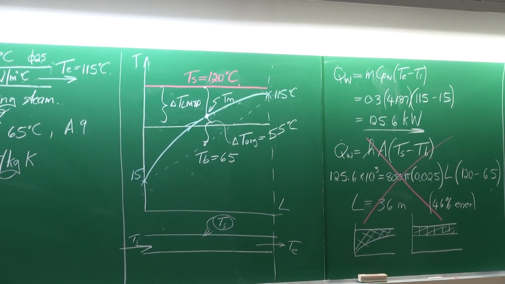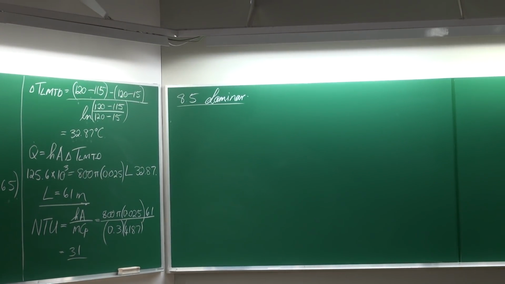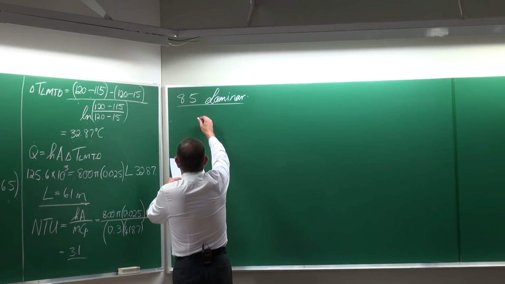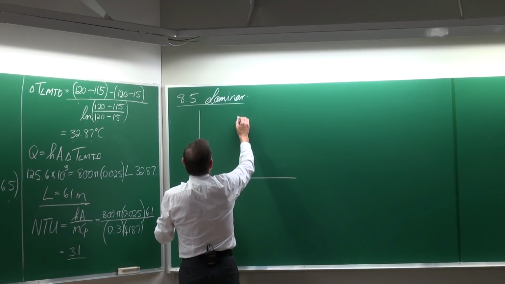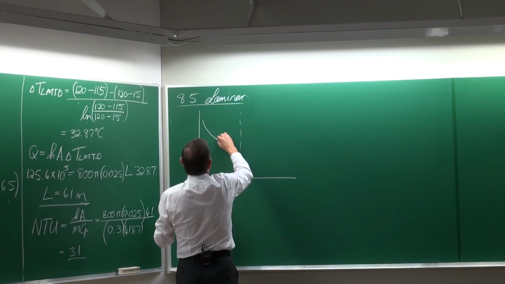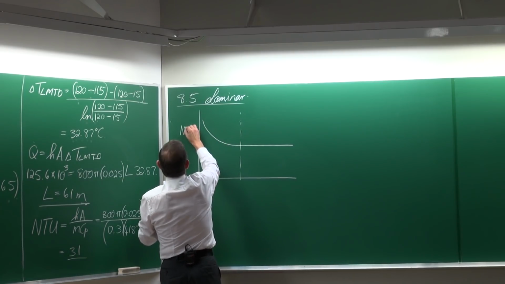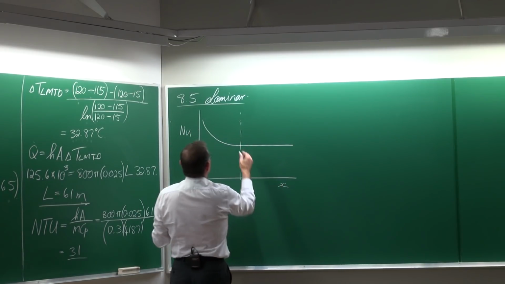Right, laminar flow. There's still the last part that we need to do of laminar flow in tubes. We are not going to do the whole derivation, but there's a very important derivation in your textbook for the Nusselt number as a function of x.